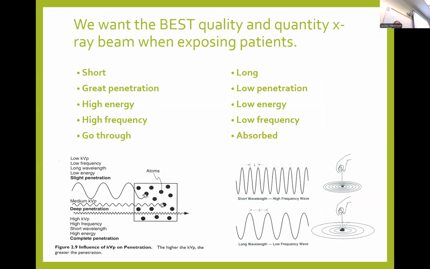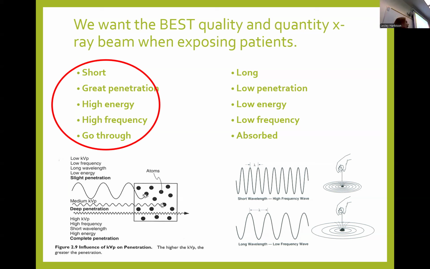Okay. We have talked about the importance of the quality of the X-ray photon. And what we talked about a little bit before was the wavelength and frequency. So when we have kVp set at a lower level, the overall energy is going to be lower.